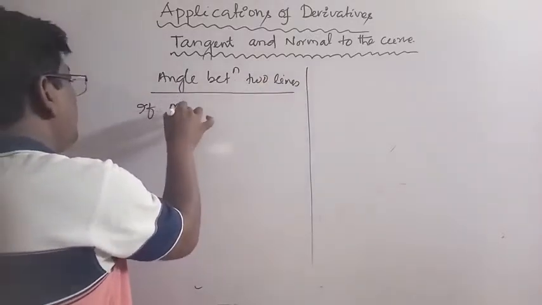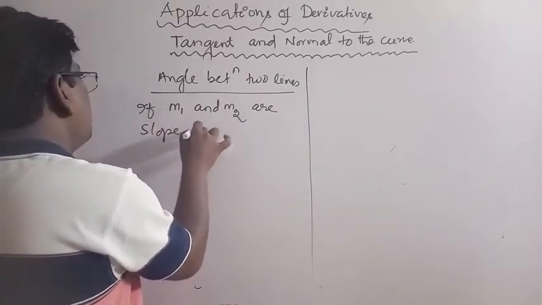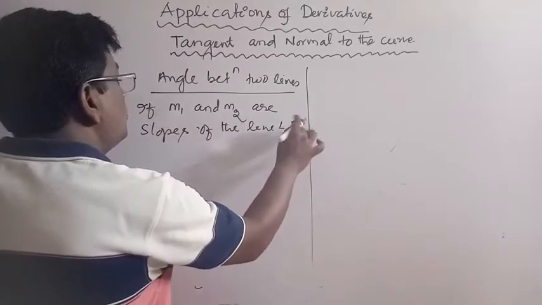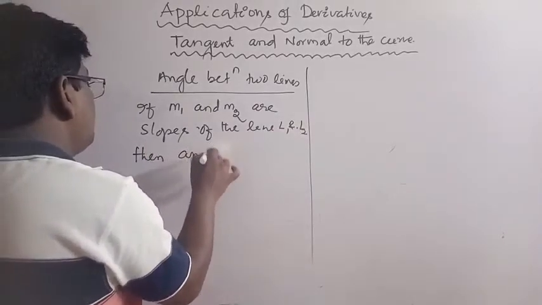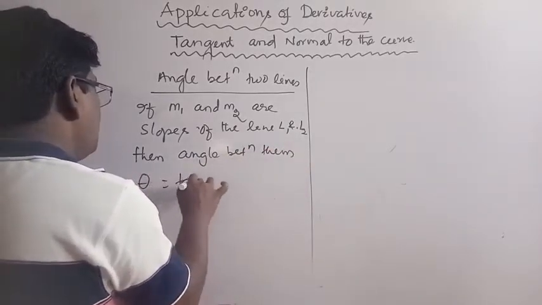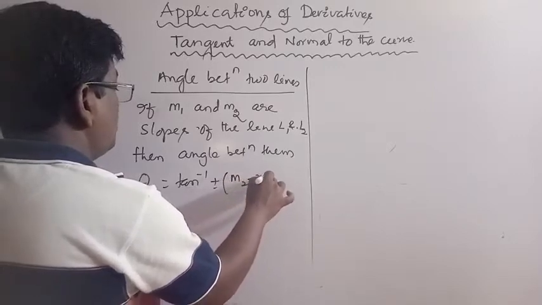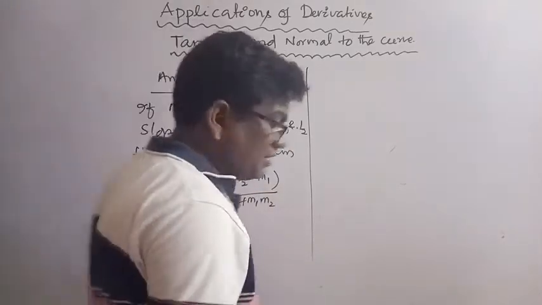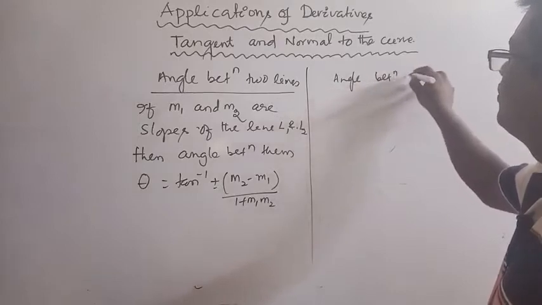If m1 and m2 are slopes of the lines L1 and L2, then the angle between them, theta, is equal to tan inverse of plus or minus m2 minus m1 divided by 1 plus m1 into m2. This is the slope form.